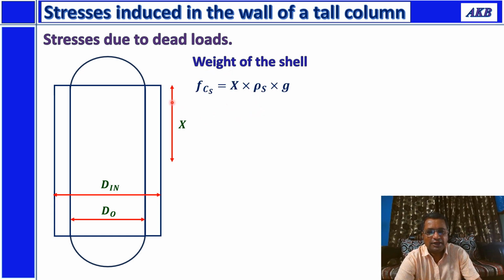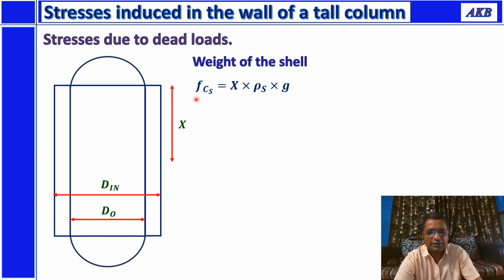So x is the distance that we have considered from the top of the shell. Within this distance, the thickness of the shell is uniform. The distance is to be selected in such a way that the thickness is uniform.